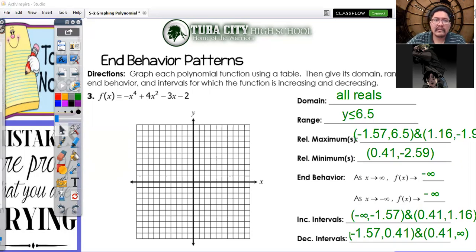And if you haven't got it all down, don't worry about it, because we will come back to it in just a moment. Let's move on to our graph.